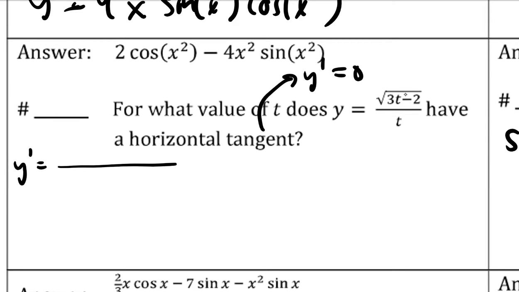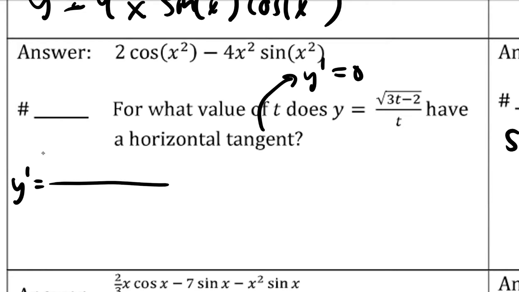So we've got something over something, so I'd start off with quotient rule. Quotient rule says take the derivative of the numerator, so bring the power down, lower the power by 1, and then derivative of the inside for chain rule.